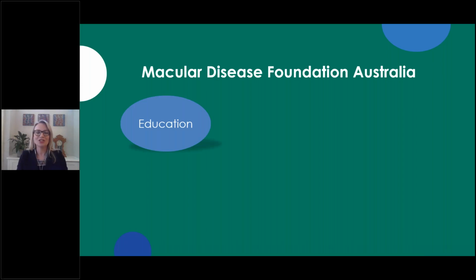We host education sessions all around Australia, last year to nearly 7,000 people. And at these education sessions, we talk about what AMD is and also other macular disease, diabetic eye disease. We talk about risk factors, what you can do to modify your risk factors and maybe improve your outcomes, and also a little bit about the services that the foundation can put you in touch with.